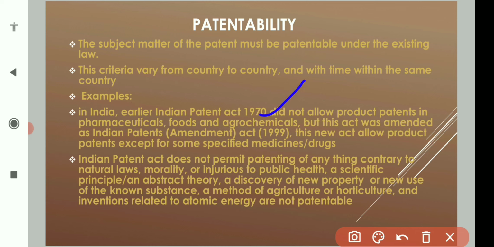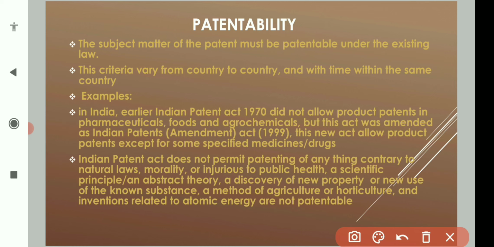But after that, changes were made in that act, and a new act was passed in 1999, which is known as the Indian Patent Amendment Act. And this act allows product patents also, except for some specified medicines and drugs. So these were excluded, but the product patents were included in this act.